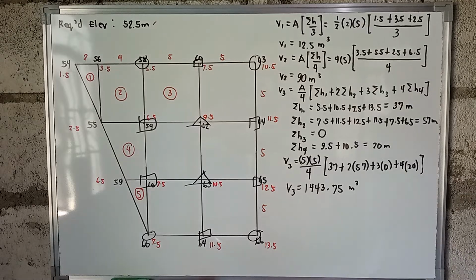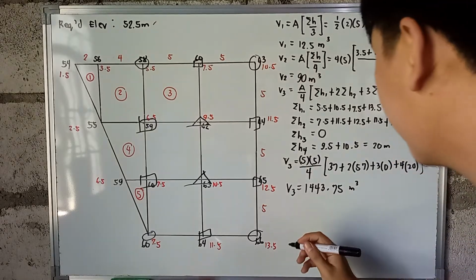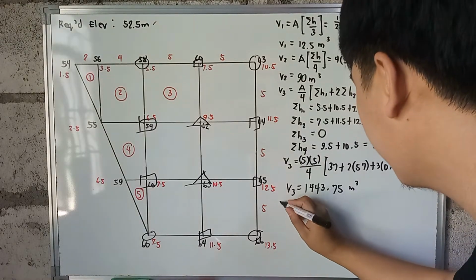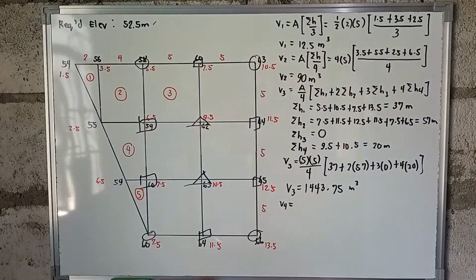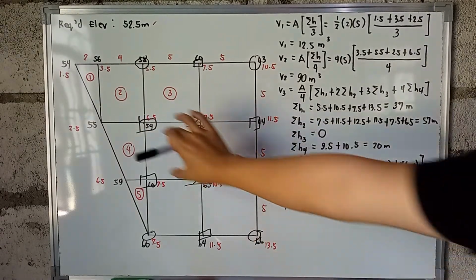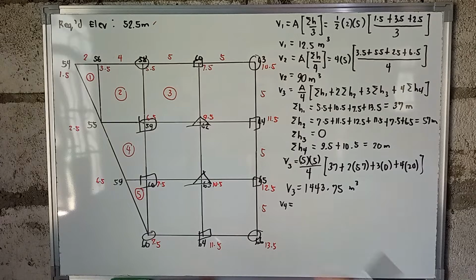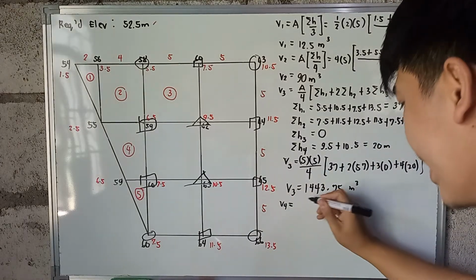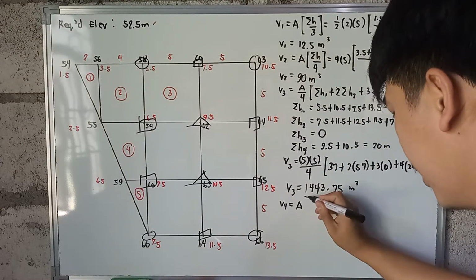So let's solve naman for the value of our V4. So V4 is equal to, so mapapansin ninyo, etong trapezoidal base natin. So that will be area, lagi truncated prism, di ba?